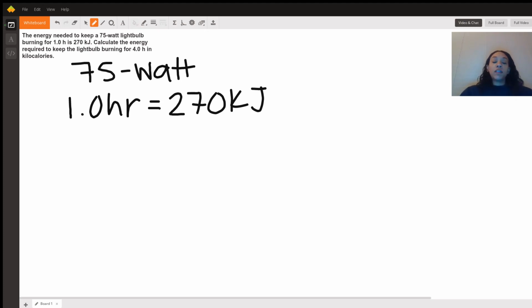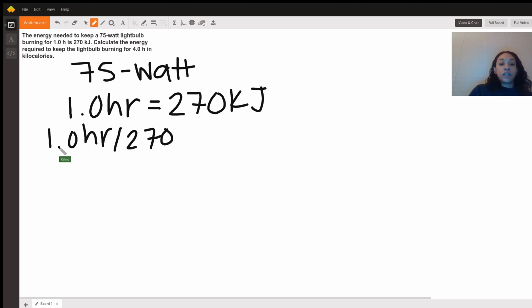So this is a conversion factor that they've kind of hidden. What we can do is for every 1 hour, it's going to be 270 kilojoules.